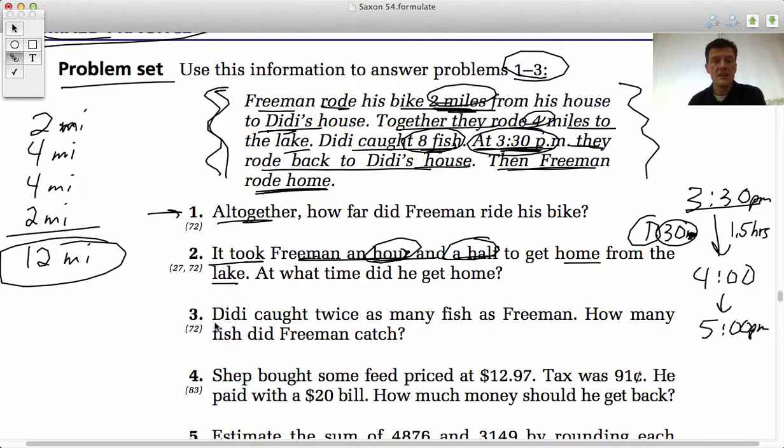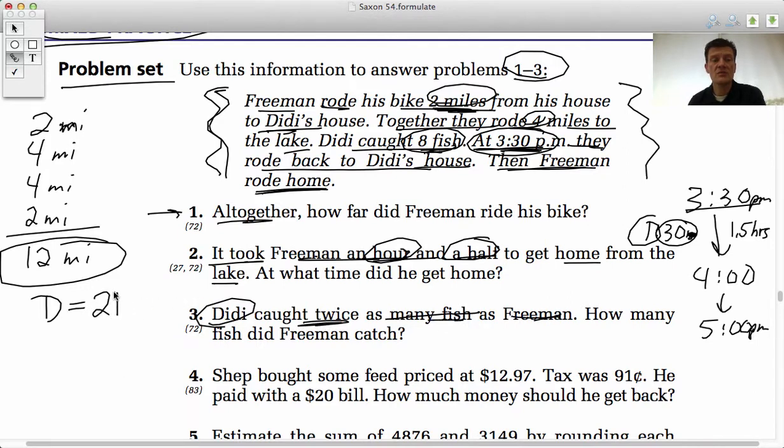Okay? Dee Dee caught twice as many fish as Freeman. How many fish did Freeman catch? So twice as many. That means the number that Dee Dee caught, I'll put a D there for the fish that Dee Dee caught, equals, is means equals in math, twice the number as Freeman.